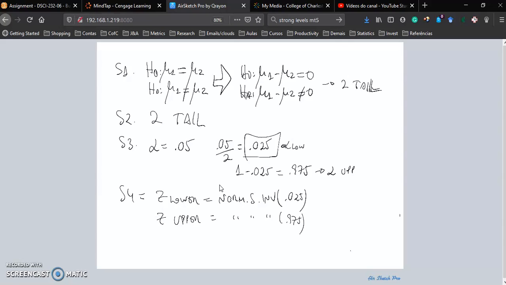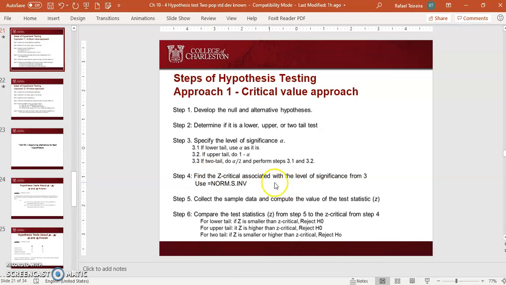Okay, so I add the two z scores, and I believe it is negative 1.96 and positive 1.96. Okay, I found the z's.